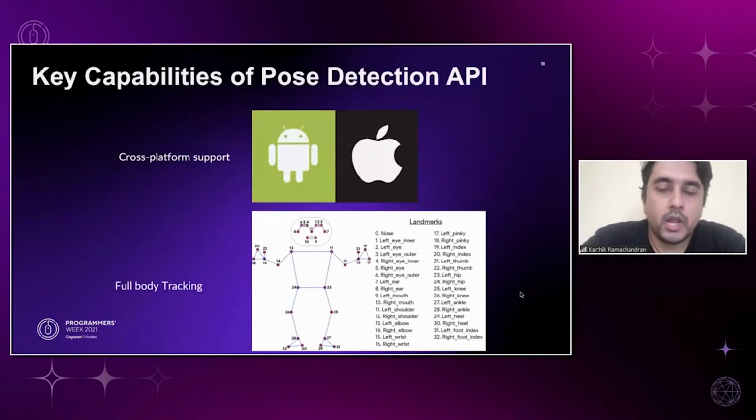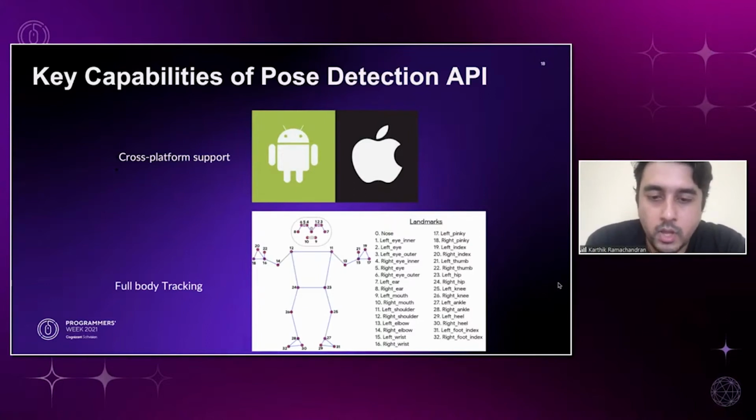So from now on, I'll be focusing more on the pose detection API, because this is something which I have worked on, and it is in beta, like I said. And like all other ML Kit APIs, this pose detection API is cross-platform. That is, it can be used on Android and iOS as well.